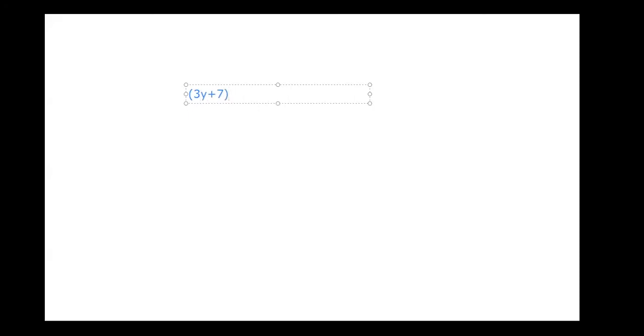So Isaac, we're doing distributive property, okay? And then we go minus 4y plus 9.